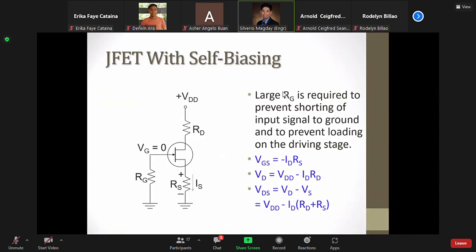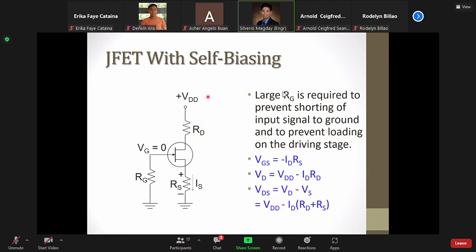So self-biasing naman, self-biasing now your JFET. So a large RG is required to prevent now shorting sa input signal to ground and to prevent now yung loading ng driving stage. So ganun lang din, VGS is your IDRS and then your VD is actually parang subscript convention. Your VD is VDD minus your IDRD.